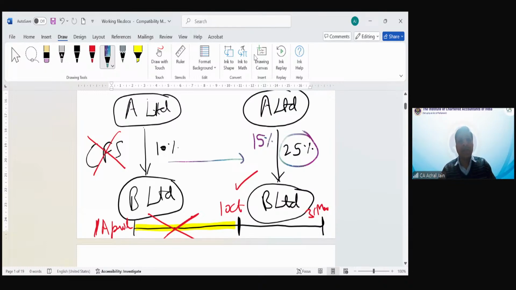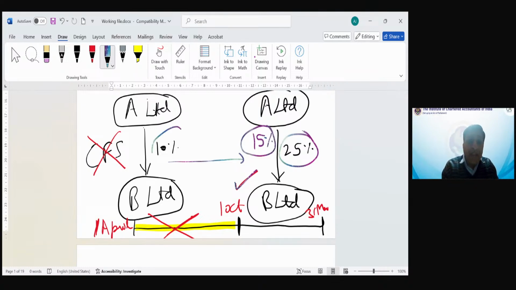So Kasak says 25%, Preeti says 15%, Riddhi says 25%. Now please remember, your consolidation starts from this date, in which case you will not be limited to 15%. Why? Because through 15%, the company doesn't become an associate.